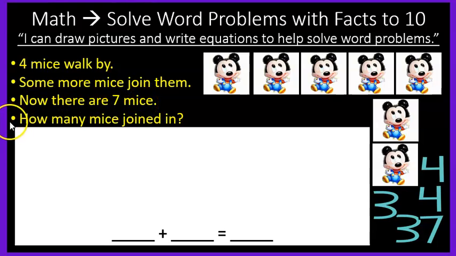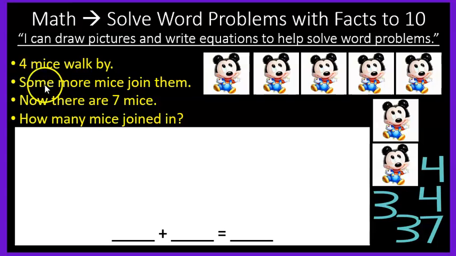Now let's read our question together. Here we go. Stay with me. How many mice joined in? Okay? Now, boys and girls, you're probably thinking again in your head, what did we read just now? I don't understand that. Now, we're going to break this apart sentence by sentence, okay?